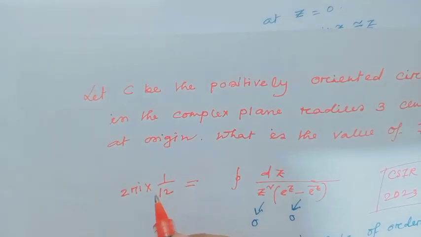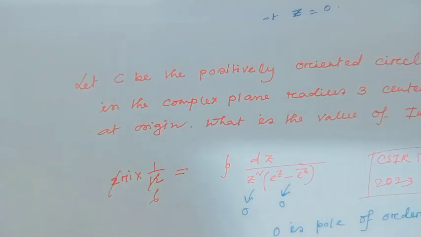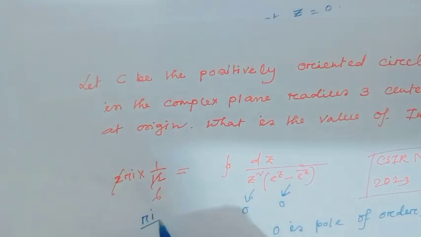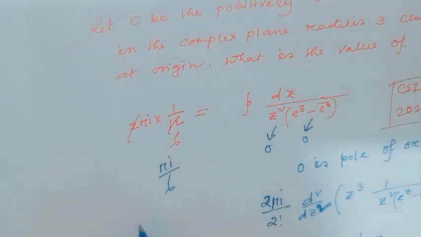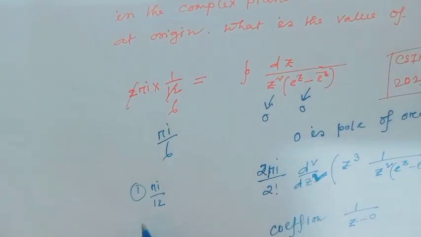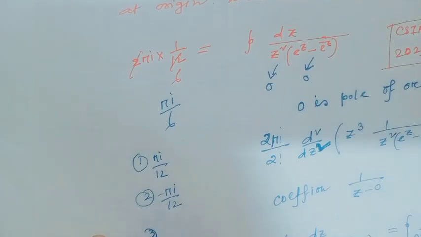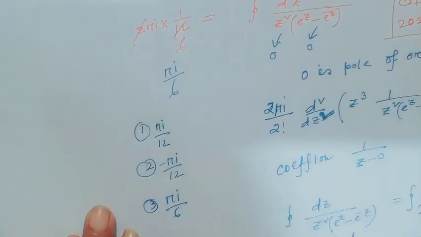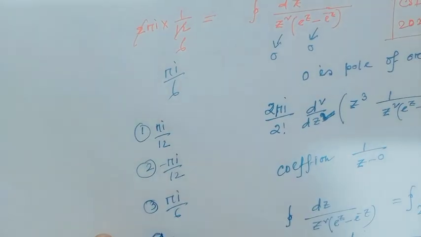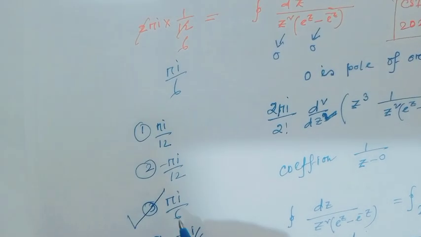So this value is pi i by 6, and the options given are 1: pi i by 12, 2: minus pi i by 12, 3: pi i by 6, 4: minus pi i by 6. Option 3 is the right option.